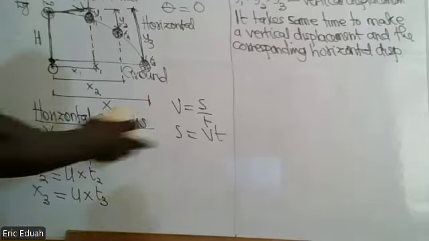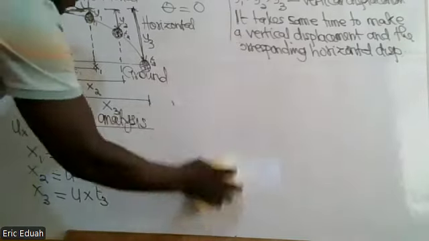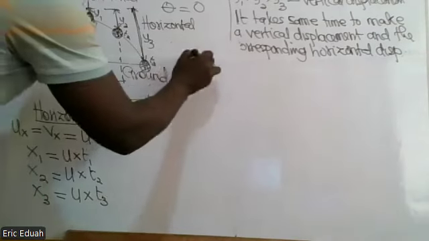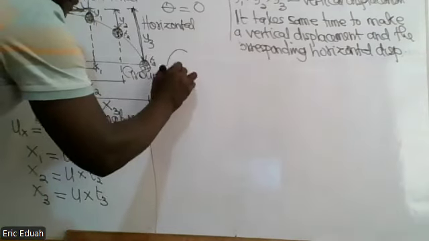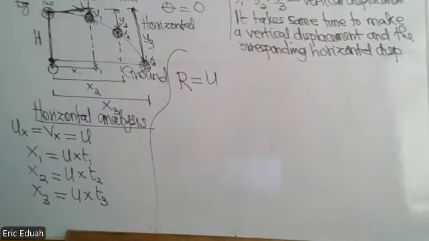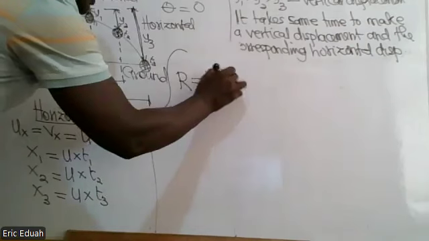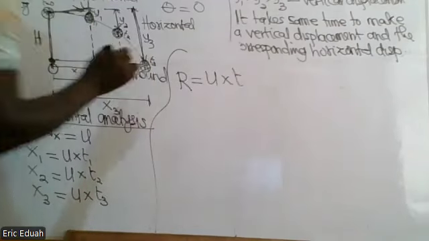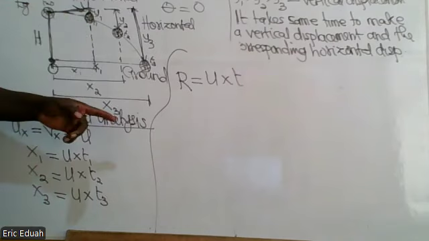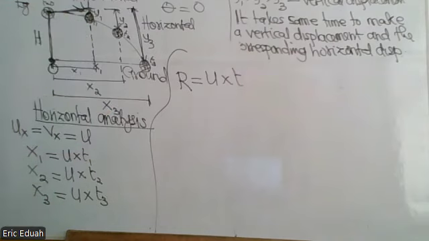So here x3 is the range. The range R will be equal to the constant horizontal velocity times the time taken to reach it. Then T3 is also the largest, and it is given the name time of flight.